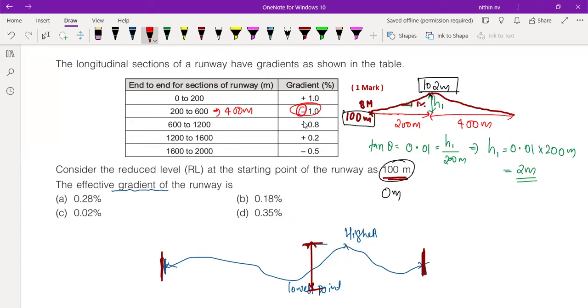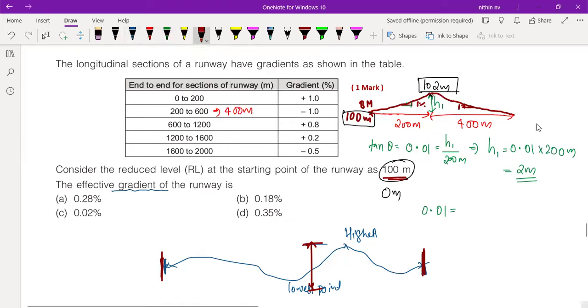The gradient is negative 1%. Right or not? So this gradient is also 1%, but it is negative. Again, I'm taking the tan theta value, the slope, which is also 0.01.